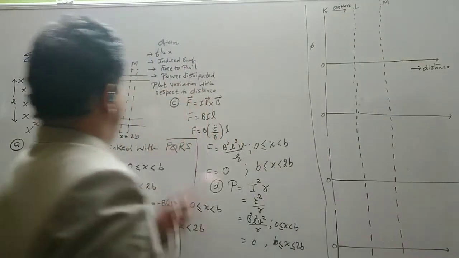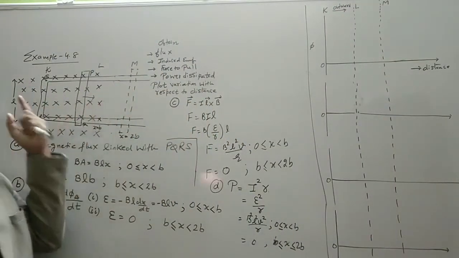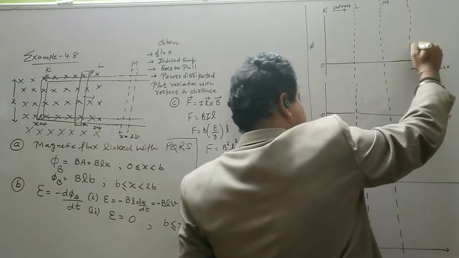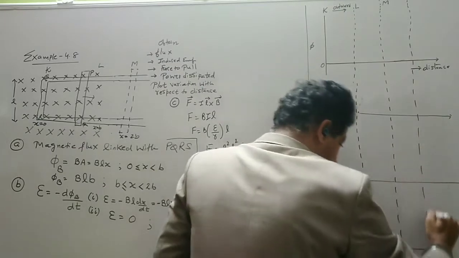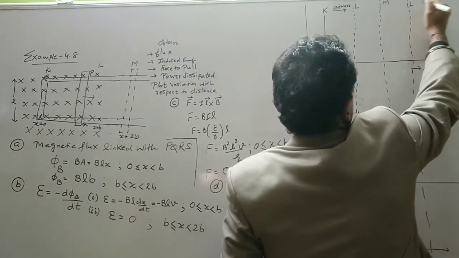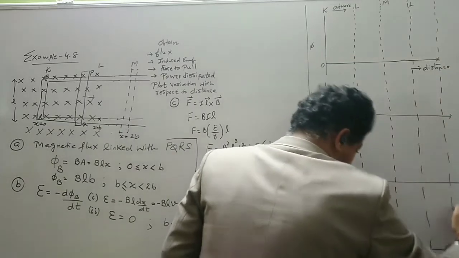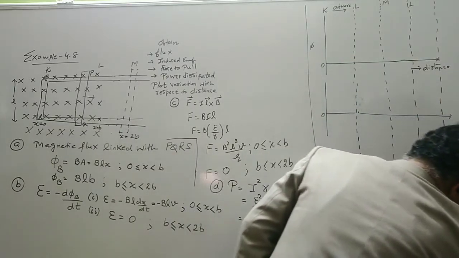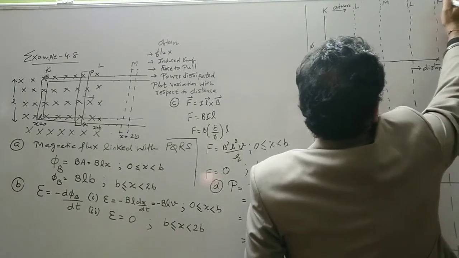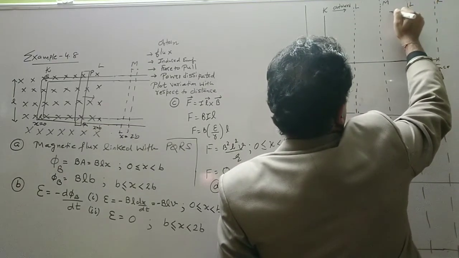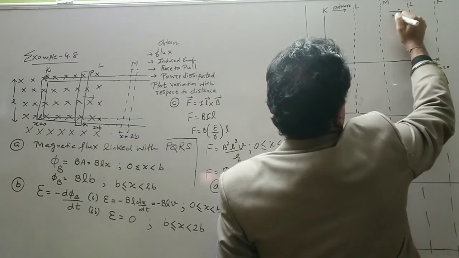Then from M we come back to L and then again come back to the origin, K. Let me denote this arrow as inward.